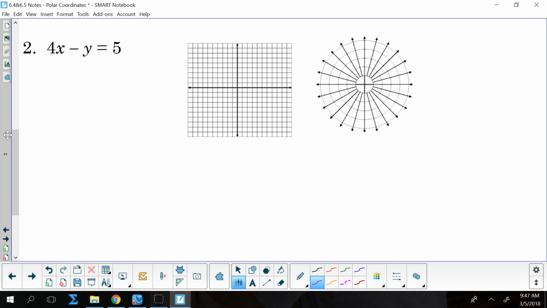So you said y-intercept of -5. Okay, so that's down here. 1, 2, 3, 4, 5. I think I got that right. 1, 2. Yep. Okay, and then a slope of 4, right? So up 4, right 1. Up 4, right 1, and so on and so forth. So that's what my end game should look like. Yes?